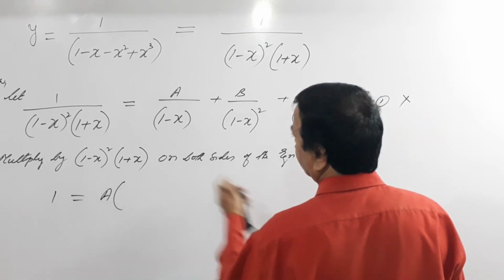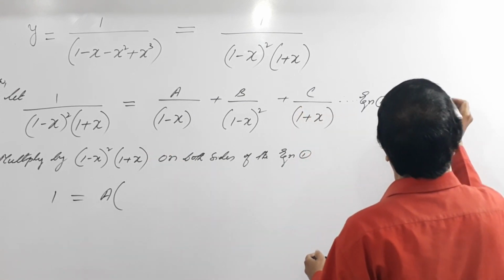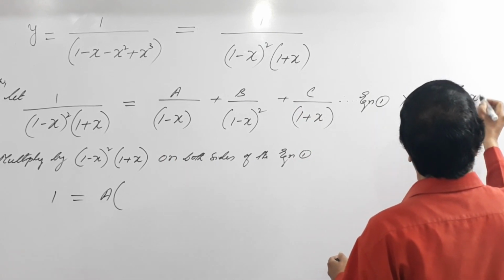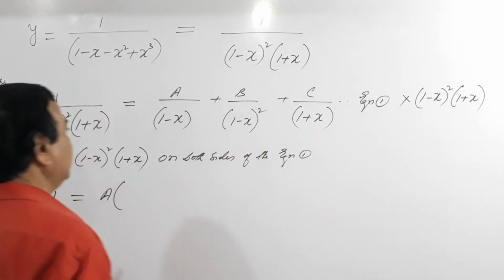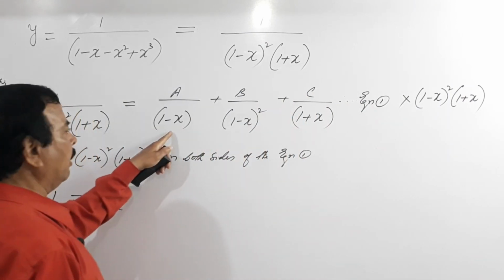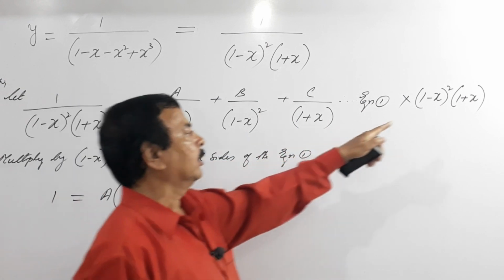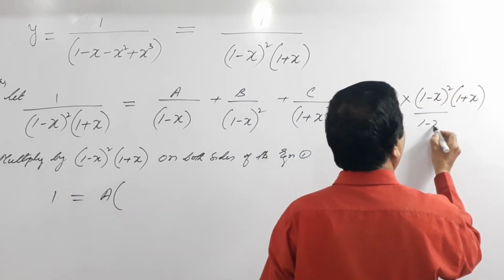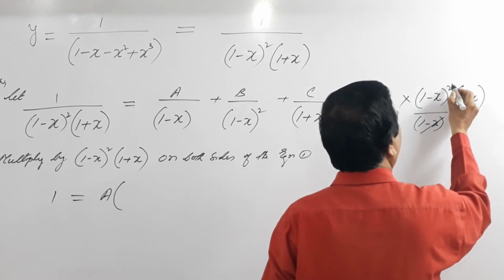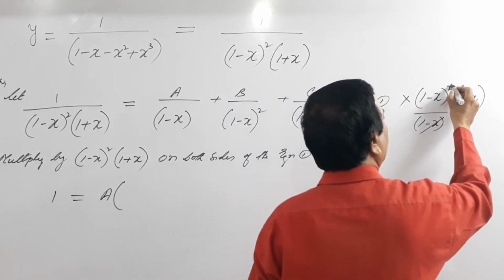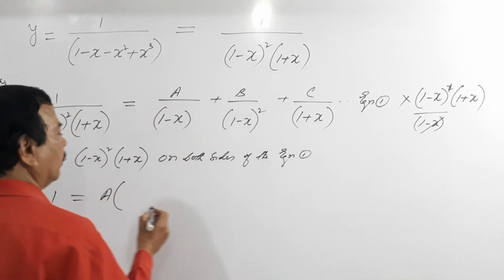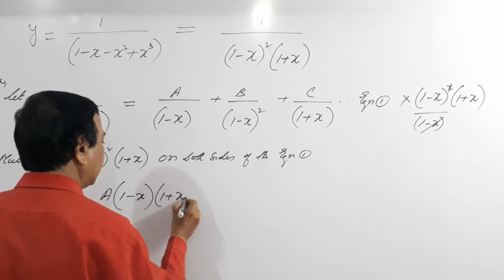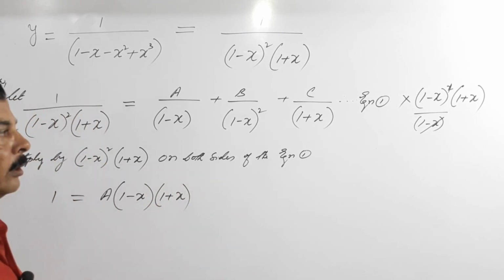You are multiplying this with 1 minus x the whole square into 1 plus x, isn't it? So a into, you have 1 minus x. If you divide this by 1 minus x, this and this cancel. So you are left with 1 minus x into 1 plus x. Correct? Okay.